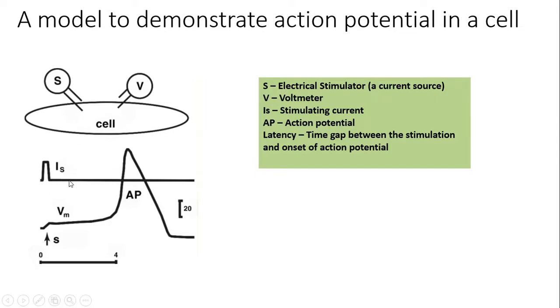Now this will cause some changes on the cell membrane. As a result, a disturbance happens, because the balance that was achieved before the stimulation is disturbed.